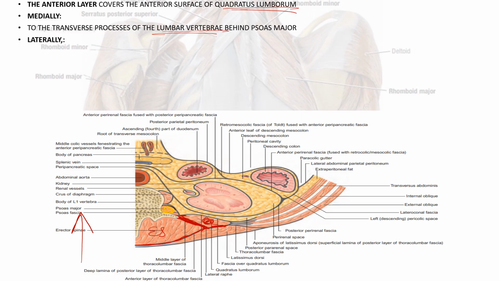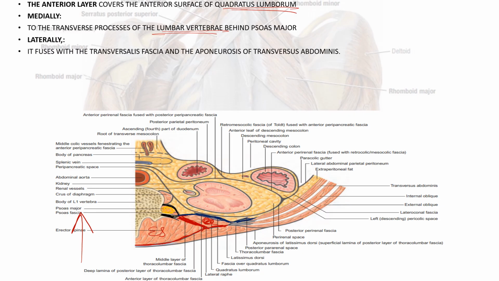The psoas major attaches here, where this is the transverse process. So behind the psoas major we have the anterior layer. This thing is the anterior layer. Laterally, again it is present, and it will insert or fuse with the aponeurosis of transversus abdominis or the internal oblique. Inferiorly, it will be slightly more medial as compared to the posterior and middle layers.